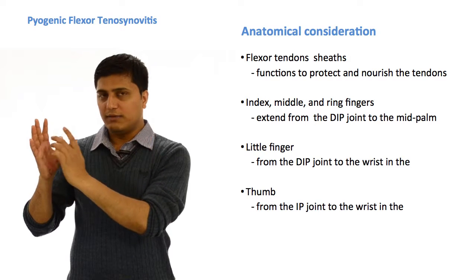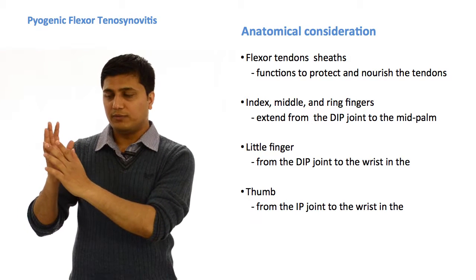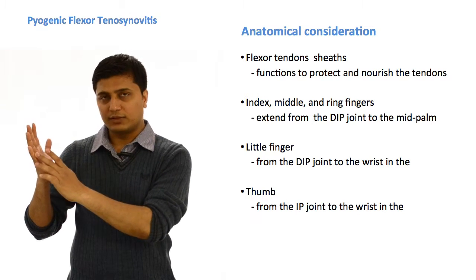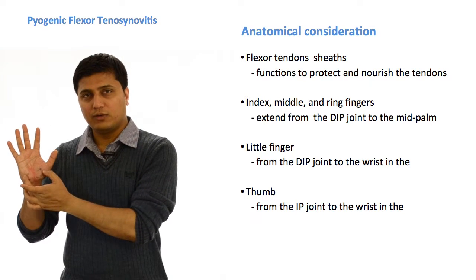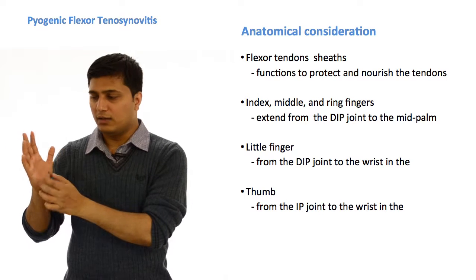So if there is flexor sheath infection of the little finger or thumb, it should involve an incision over the thenar and hypothenar eminence as well.